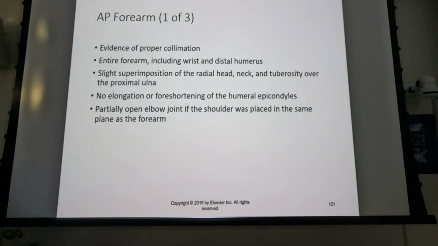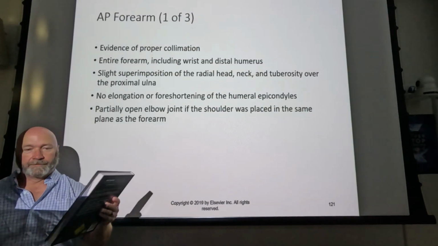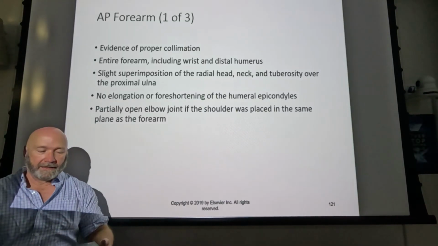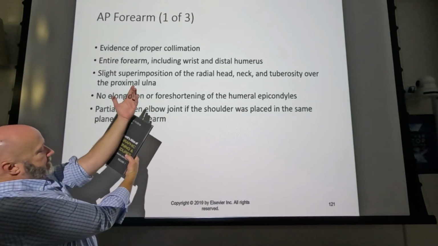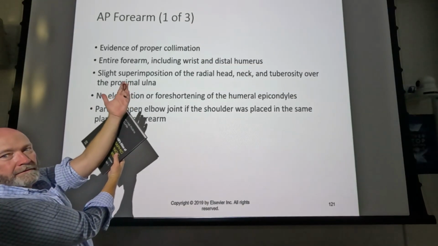And if you can only find a smaller image receptor, then you can make this bigger than what it is. And what I mean by that is, am I going to include my entire radius and ulna here? Probably not. Can I here?